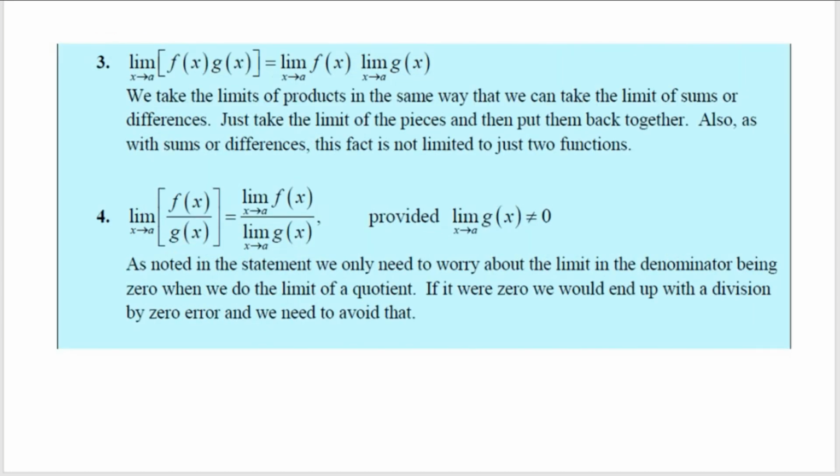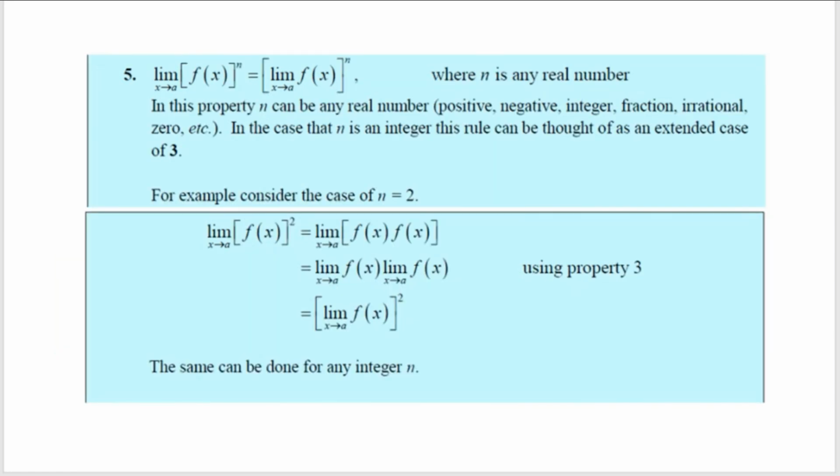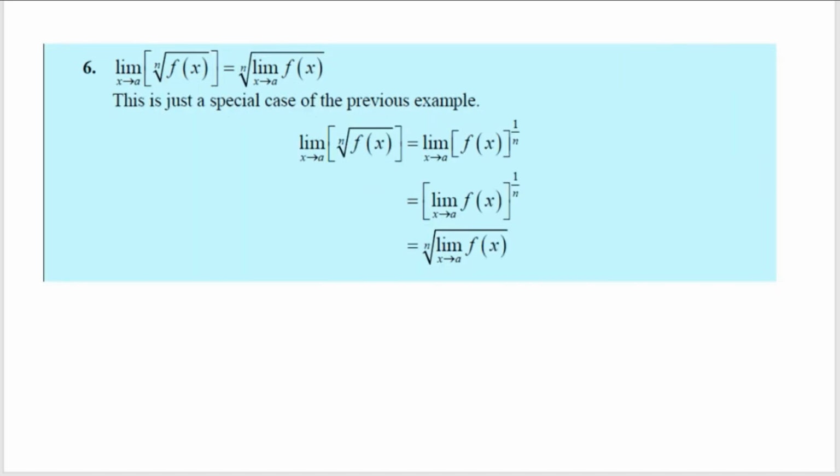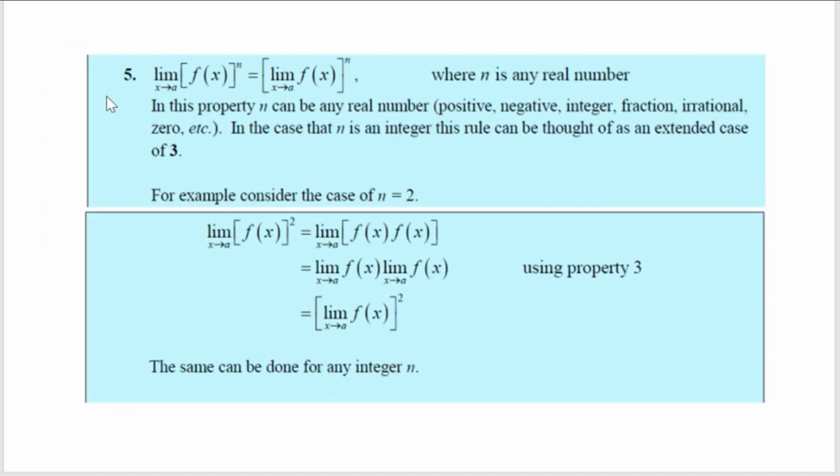We also apply the property for the exponent, I guess number 5, because we have the limit of 3x squared, so there's an exponent.